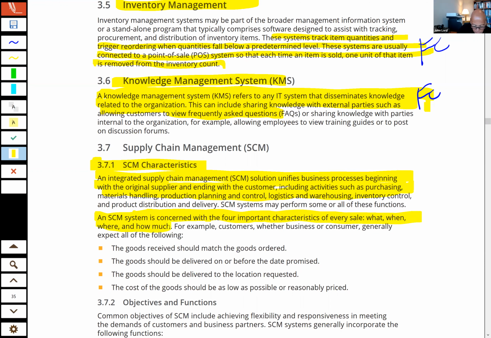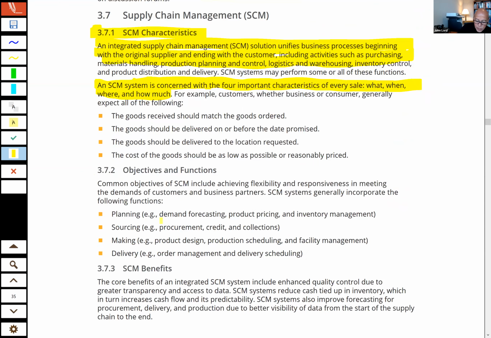Okay, good. Now let's take a look at the objectives and functions of a supply chain management. These systems generally incorporate the following functions: planning, sourcing, making, and delivery. Now, looking at procurement, credit, and collections, it seems to me that making would come before them, because you have to have something to sell before you can expect a collection.